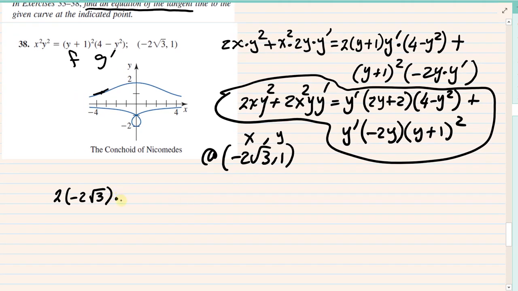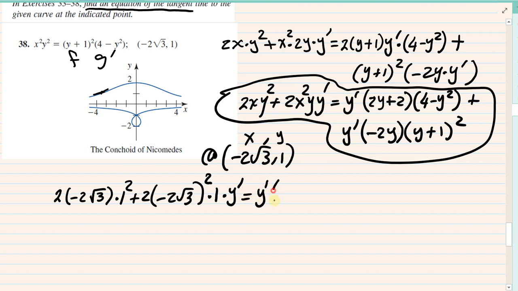Y is 1, so that's going to be 1 squared, plus 2 times x squared, that's (negative 2 root 3) quantity squared, times 1 times y prime equals y prime.